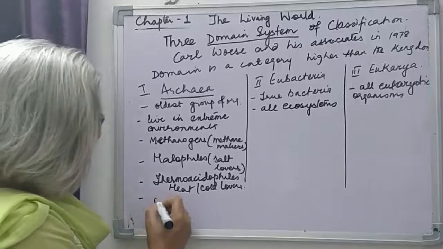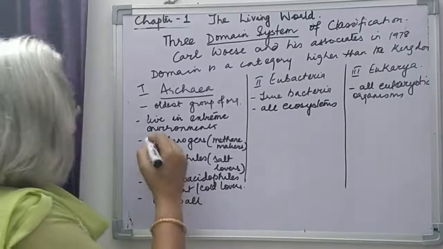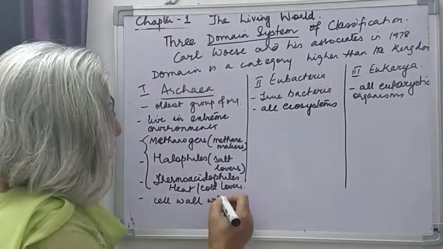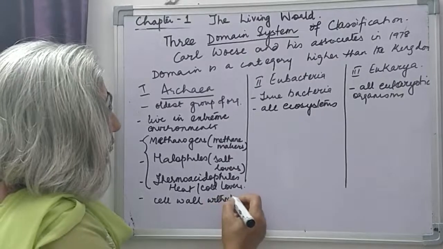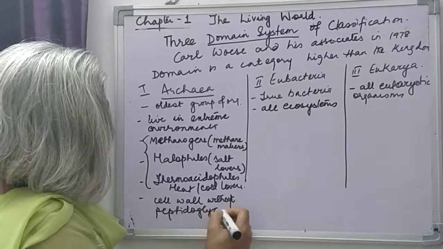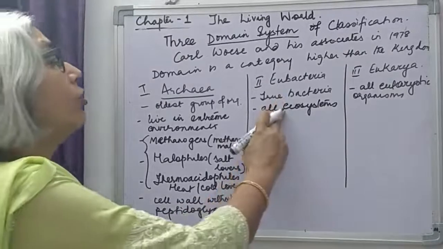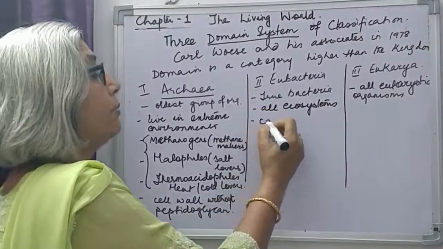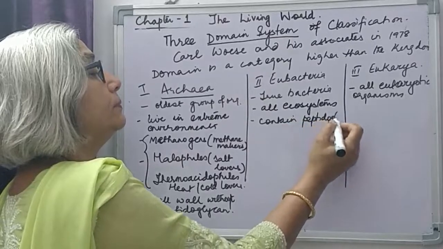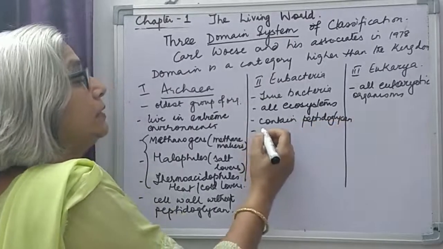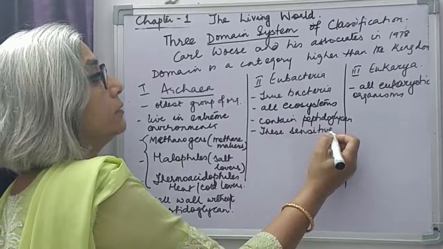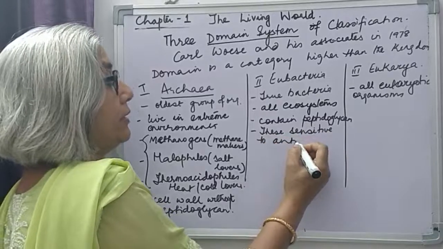Now, the cell wall of all these three categories, that is, in general, the archaea is without peptidoglycan. Now, the cell wall of eubacteria contains peptidoglycan.